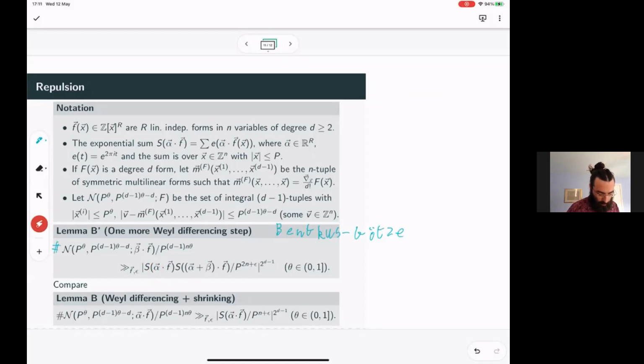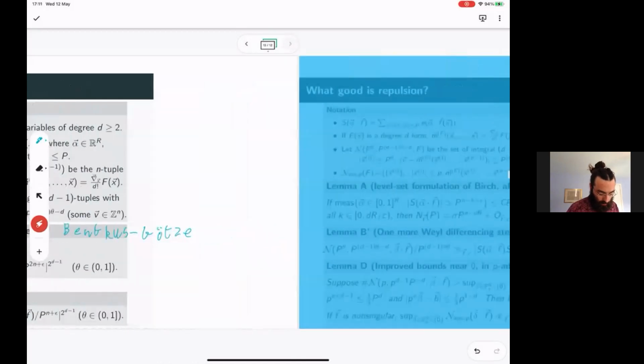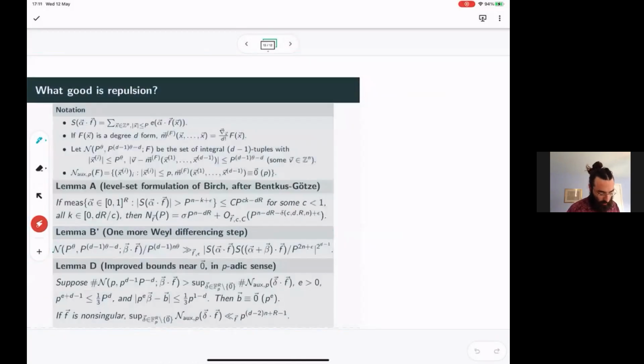So let me, let's see, I think I will show this in the context of, okay, so on slide 12 now. Here is the level set formulation of Birch, where we want to show that the measure of these sets is small. Here is the modified Weil differencing argument introduced by Bankers and Goetze.